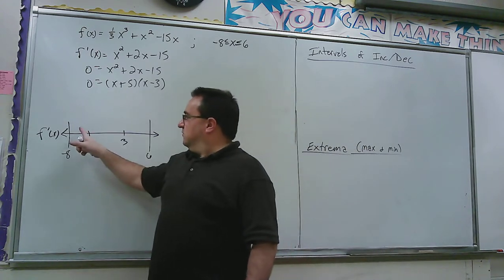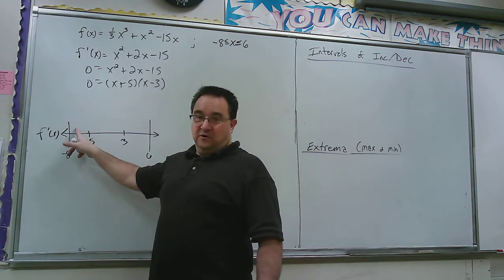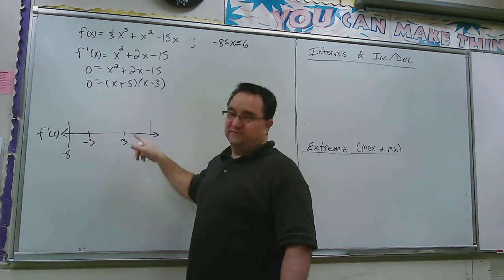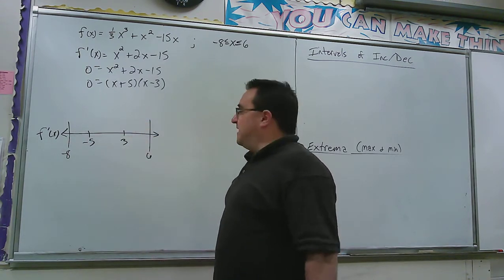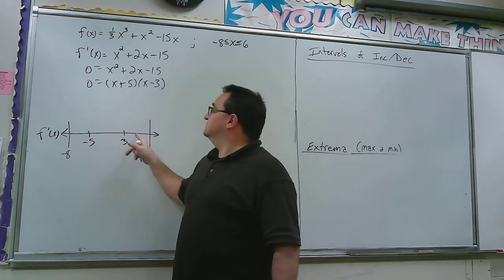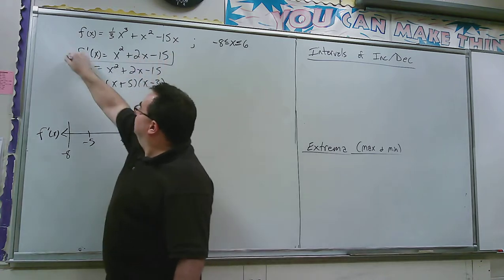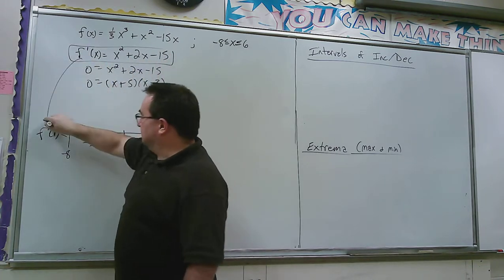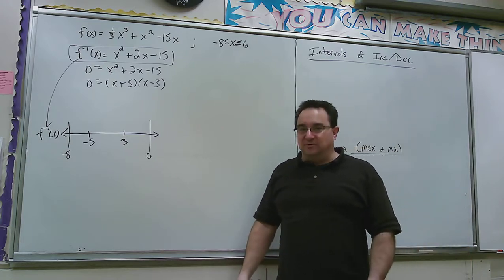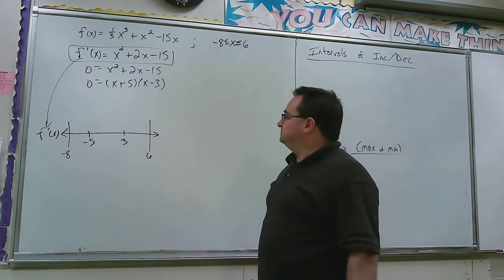Now, I need to know whether it's positive or negative, going up or down, before the -5, between the two, and after the 3. And in order to do that, we have to plug in values that are in each of these regions into our first derivative because this is a first derivative number line. That's why I think you should label it so that's clear in your mind.